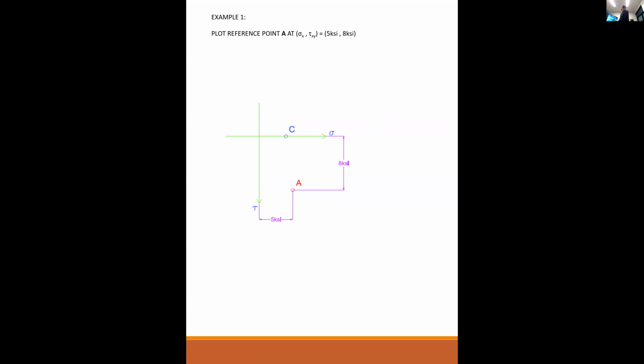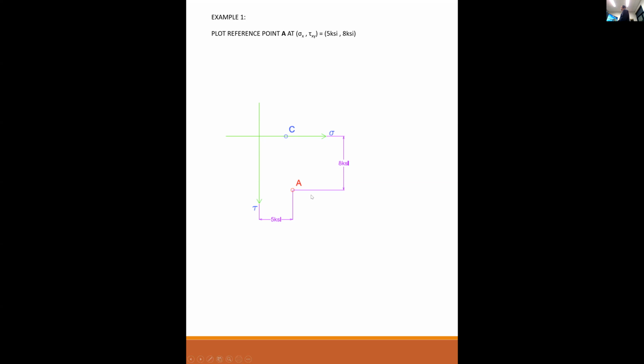Then from there, you find your point A, your reference point. Point A is sigma x over, sigma x was 5 ksi, positive because it's in tension, and you go down 8 ksi for your shear stress, again positive because it was a positive shear stress.